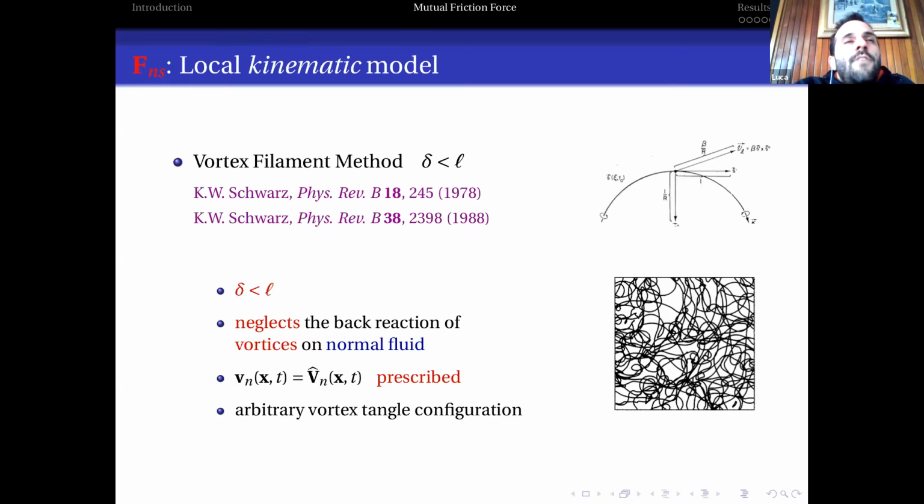In addition, the fact that Klaus Schwarz used the framework of Hall and Vinen at a scale delta smaller than the average intervortex spacing L, and used this approach in modeling any arbitrary vortex tangle configuration, as the one that you can see here on the right, means that he assumed that the force felt by a vortex line element in a random tangle was the same as the mutual friction force experienced by a vortex line element in a lattice of perfectly straight vortices.